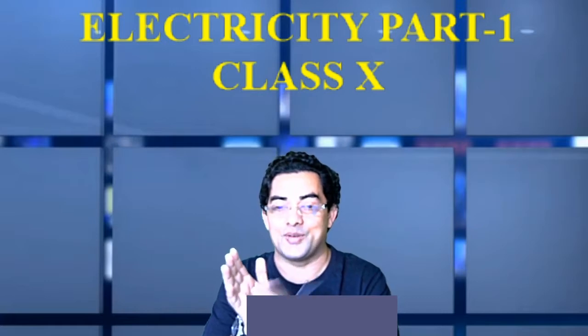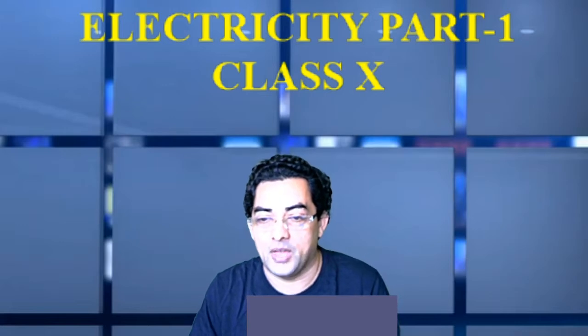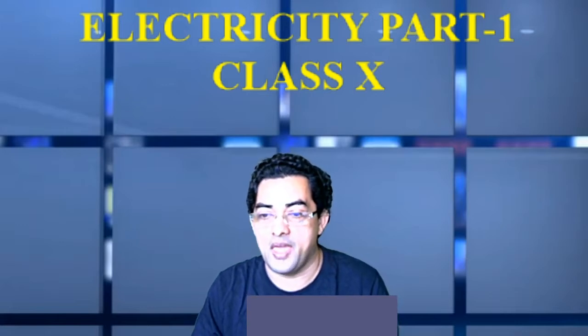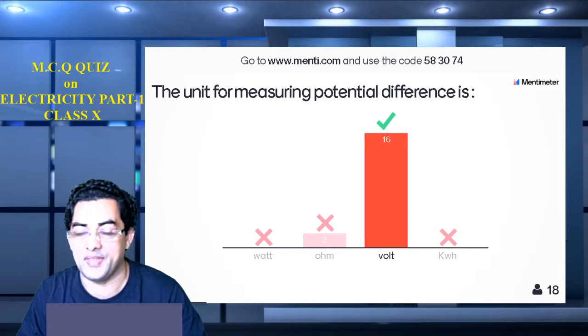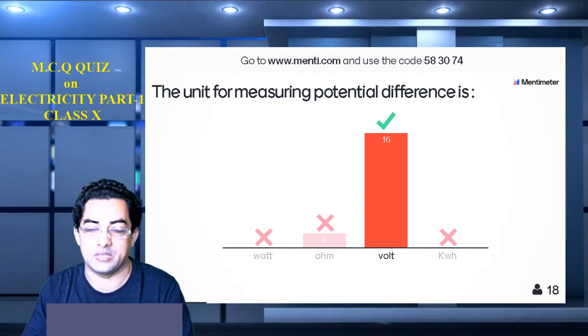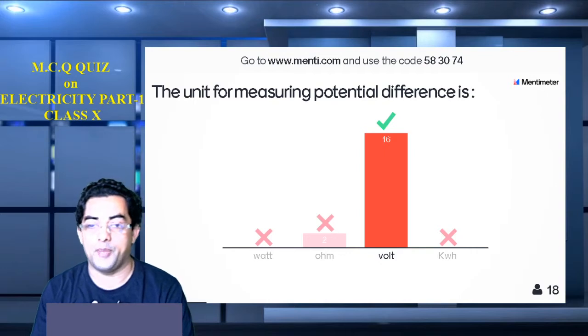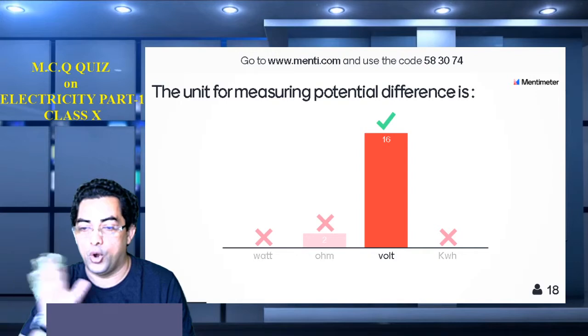There were two students who gave ohm as the answer. I don't have an idea why they have clicked ohm, because ohm doesn't seem to be the correct answer. Ohm is connected to resistance, and here we are talking about potential difference. So the unit of potential difference is volt.